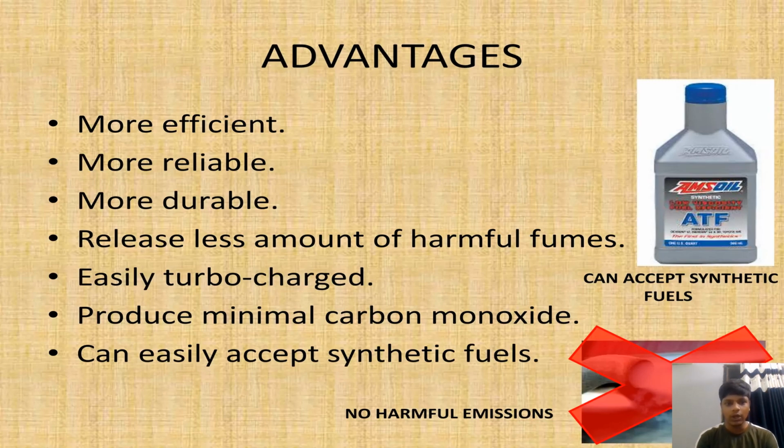First, it is more efficient, more reliable and more durable. Releases less amount of harmful fumes, means it produces less pollution. Easily turbocharged, produces minimal carbon monoxide, can easily accept synthetic fuels, and there is no harmful emission.